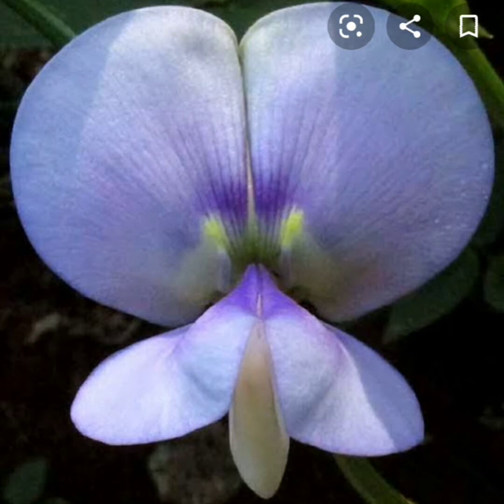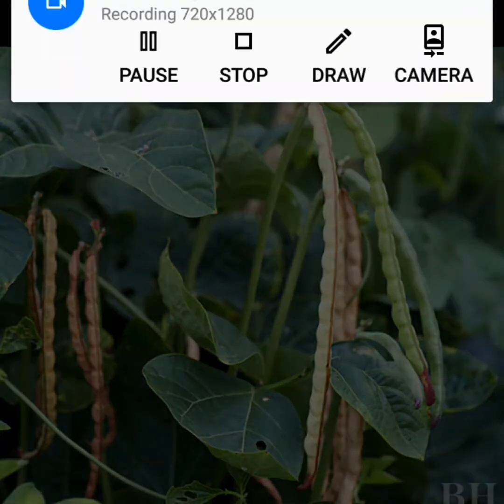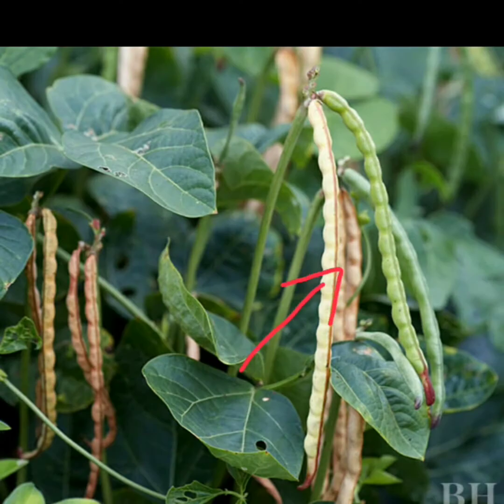And these are the buds, clustered at the tip of this long axillary peduncle.